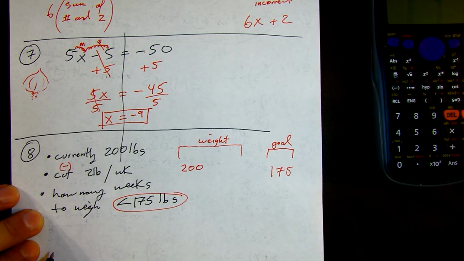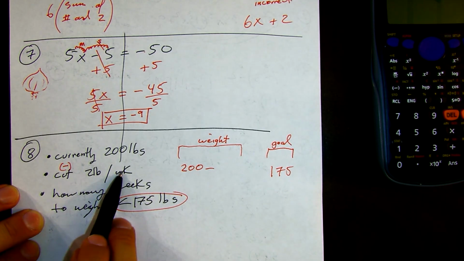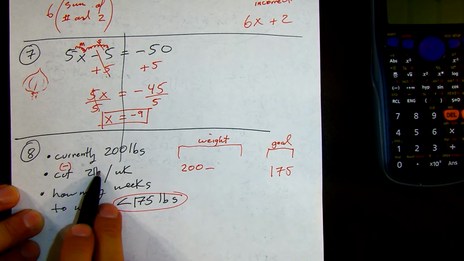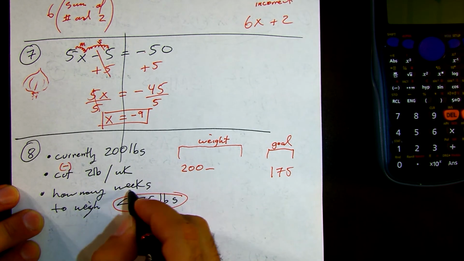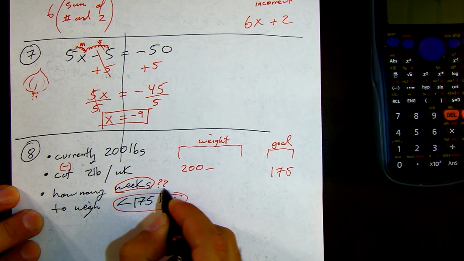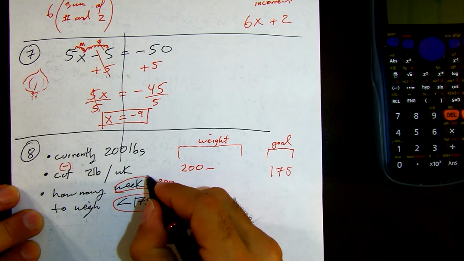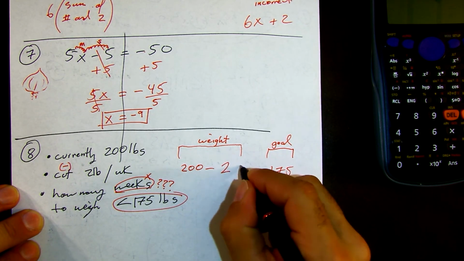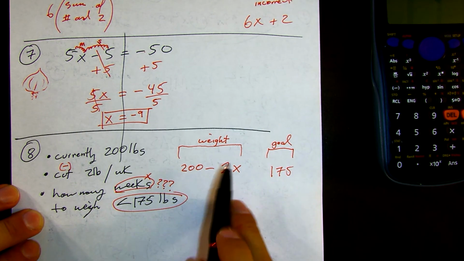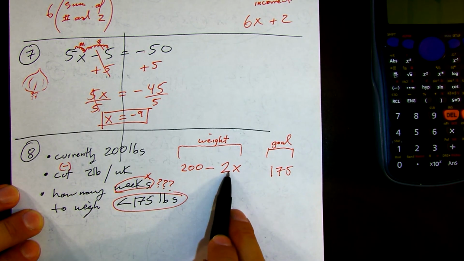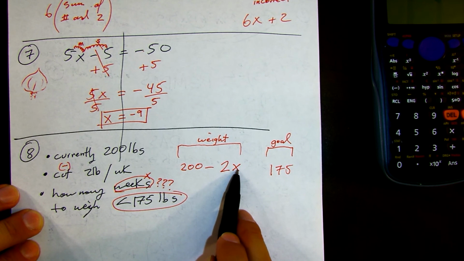We started with 200 pounds, and then I cut weight. So did I add or subtract from that starting weight? I cut weight. Cut. Good. Now I cut 2 pounds per week. This is 200 pounds, so we're minusing 2 pounds per week. And I don't know what the weeks are. That's my question. How many weeks? So the weeks is our variable. Watch, 2x.